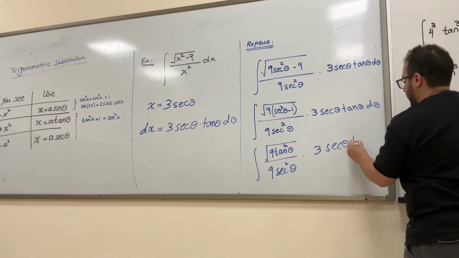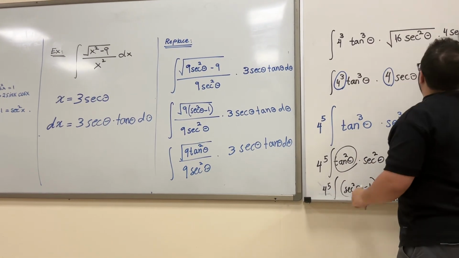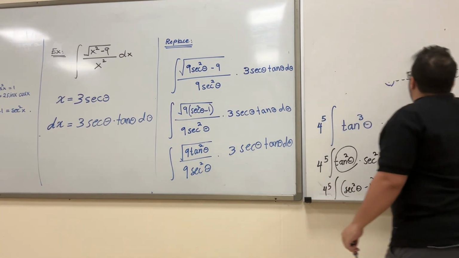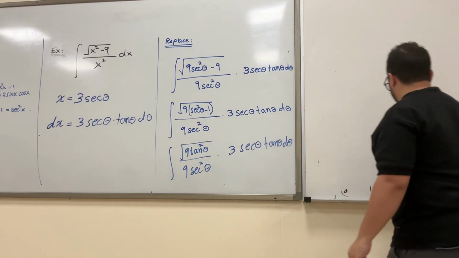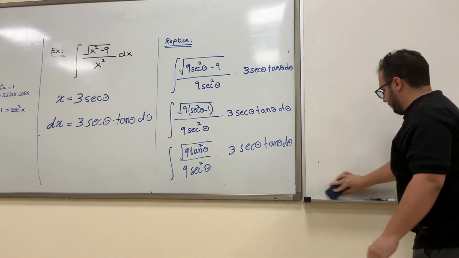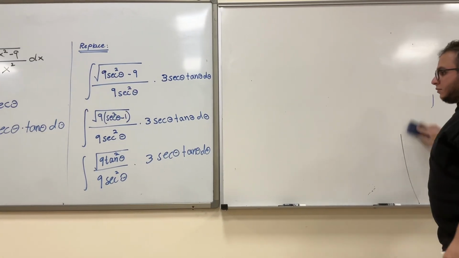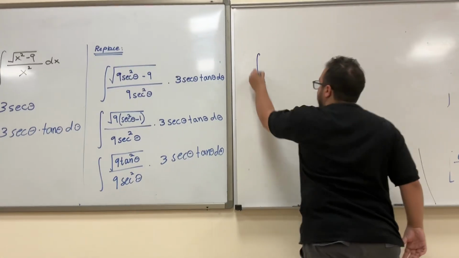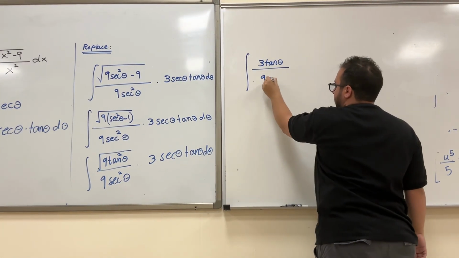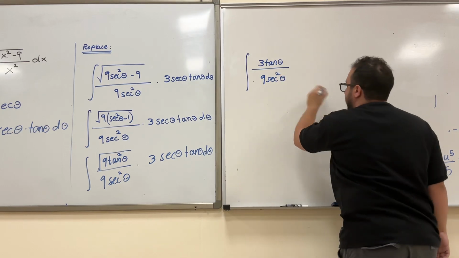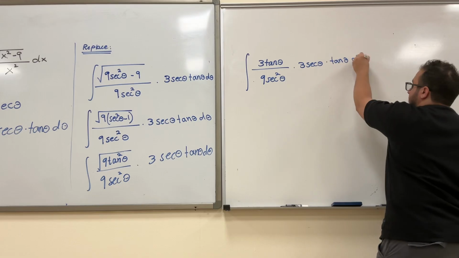That's fine. What now? Tan theta over 9 secant theta, then 3 secant theta tan theta d theta.